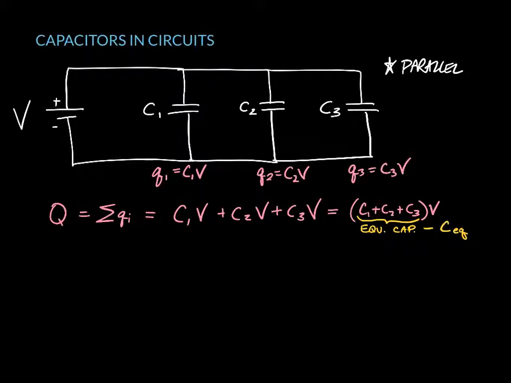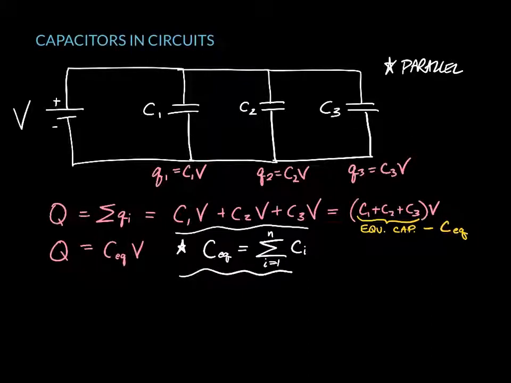And so in this case, Q would equal the equivalent capacitance that we just computed. And one way to write this, equivalent capacitance for parallel would always be the sum from the first one to the last one of those individual capacitances.